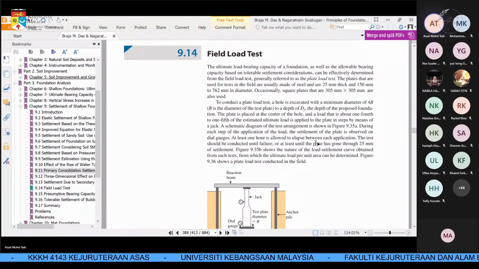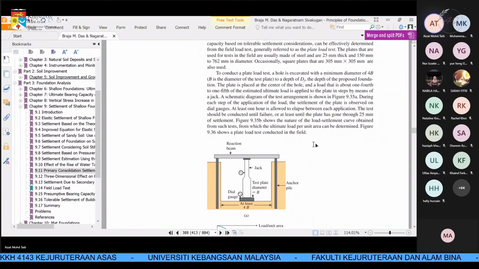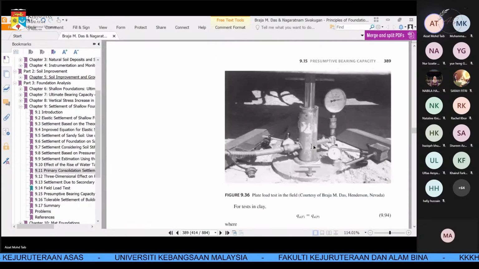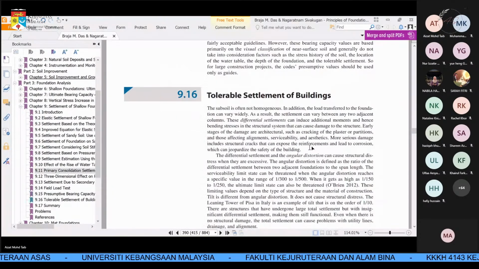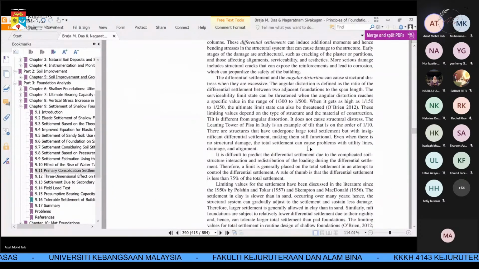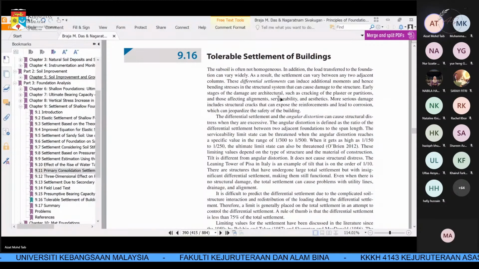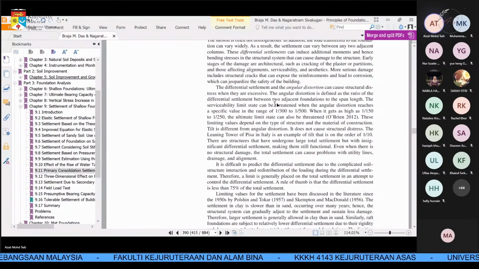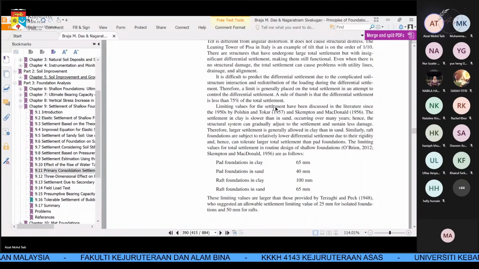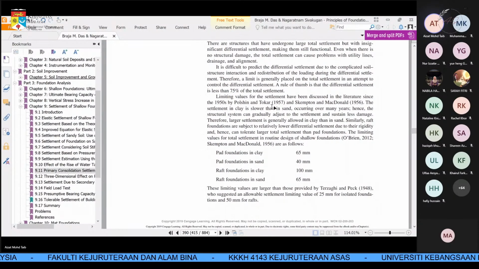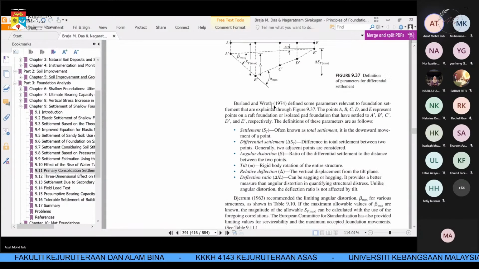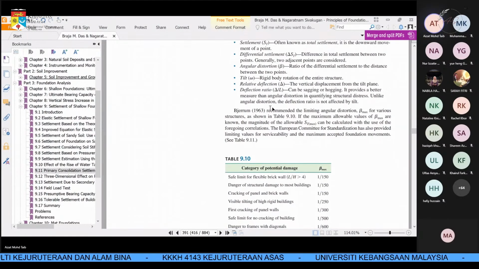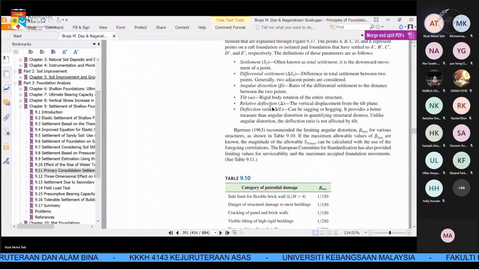Okay, so field load test is just a consolidation test that you do in the field. Okay, tolerable settlement of building. This one I think I need you to do maybe assignment on writing lah.